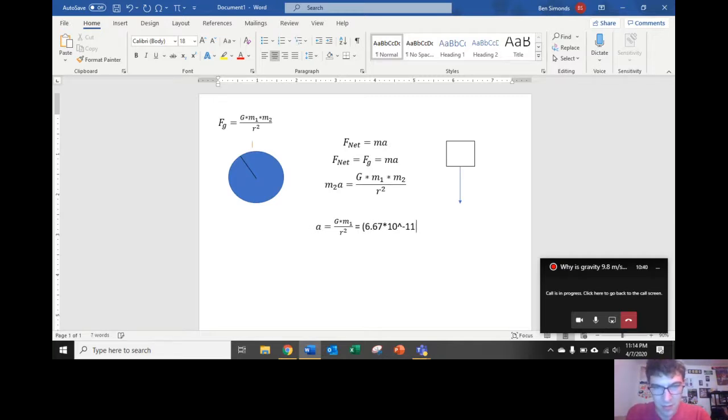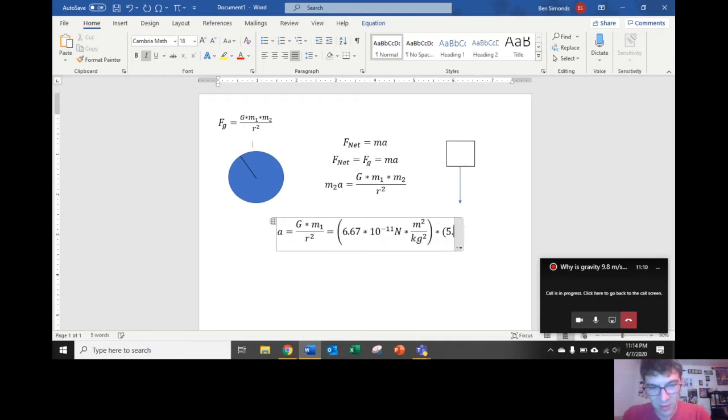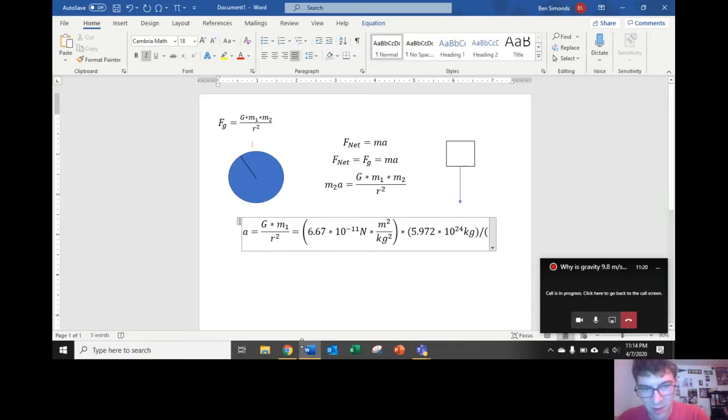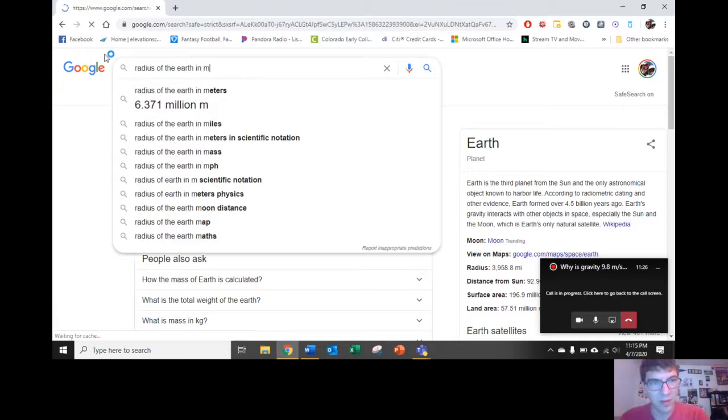Let's do this in equation editor, actually. 6.67 times 10 to the negative 11 newtons times meters squared divided by kilograms squared, times, and let's go back here and get the mass of the Earth, 5.972 times 10 to the 24 kilograms, and we want to divide all of that by our r squared, so we need the radius of the Earth in meters.